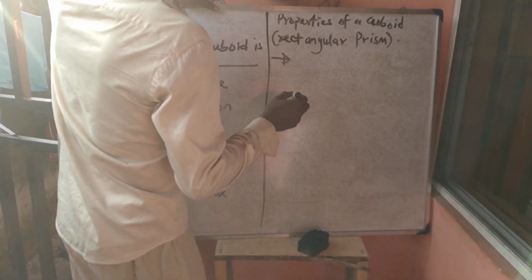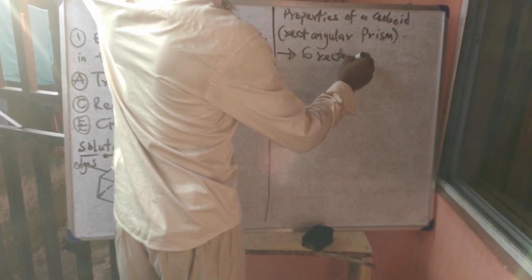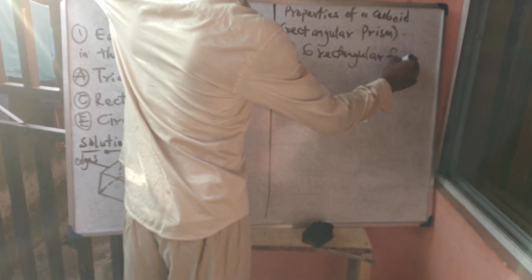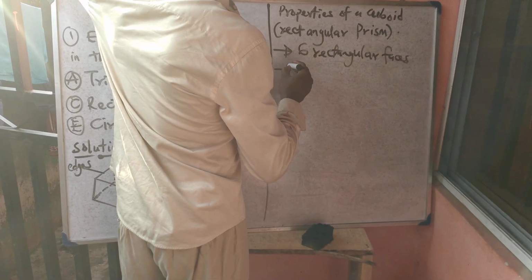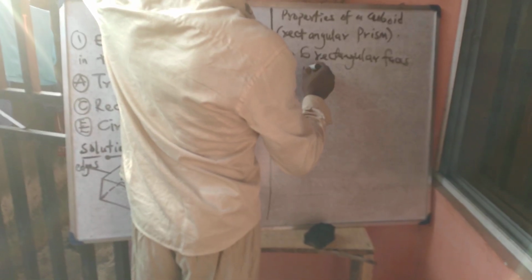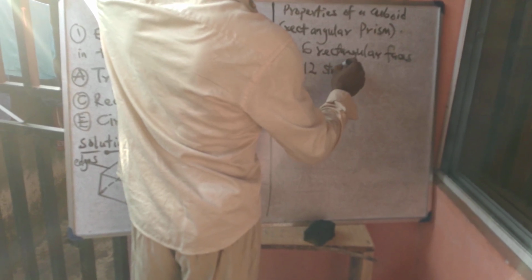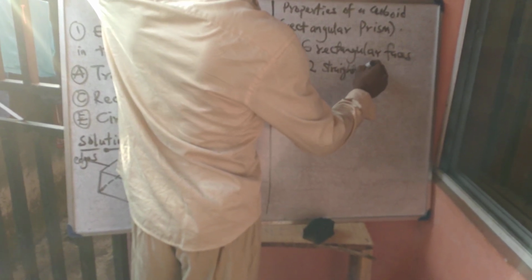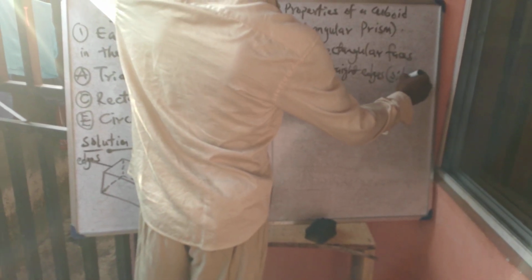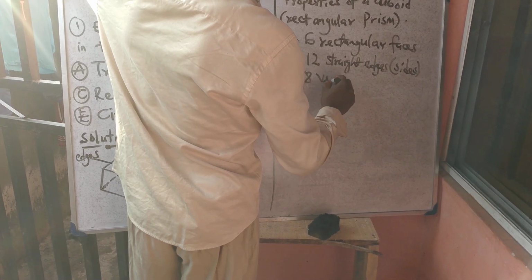The first one is that it has 6 rectangular faces. The second one is that it has 12 straight edges, or sides. And then it has 8 vertices.